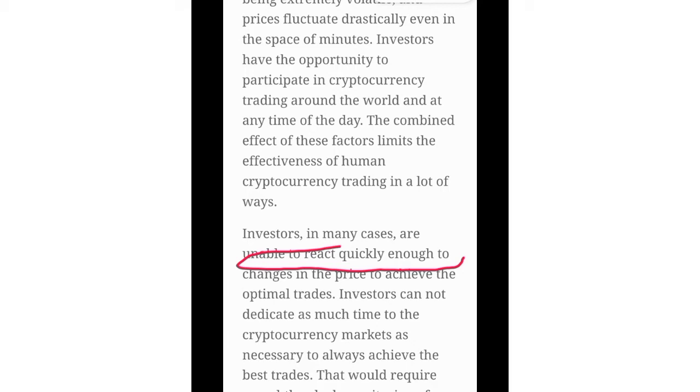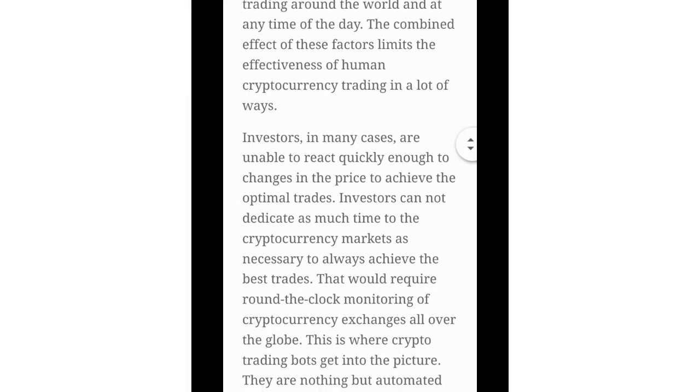Investors cannot dedicate as much time to the cryptocurrency market as necessary to always achieve the best trade. What this simply means is that the crypto market doesn't sleep, it's 24/7, unlike forex trading, where they trade from Monday to Friday. Cryptocurrency is Monday to Sunday, over and over again.